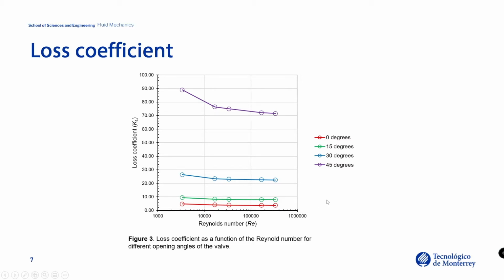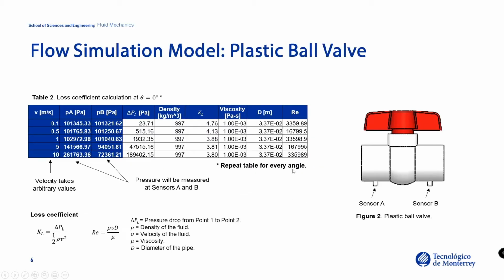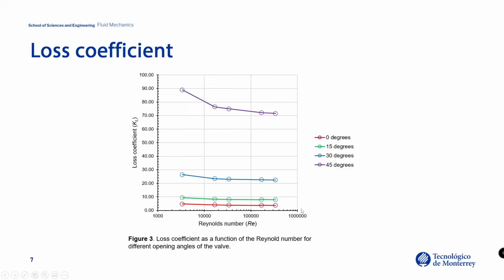Of course, you have to repeat this table for every angle, and in this case, I am using angles of 0, 15, 30 and 45 degrees. As you can see, the loss coefficient is a function of the Reynolds number. In these cases, it is slightly dependent on the Reynolds number, and for 45 degrees, it's a little bit more dependent on the Reynolds number.